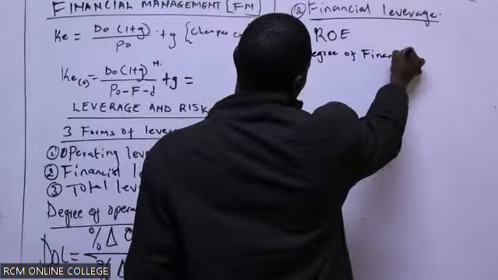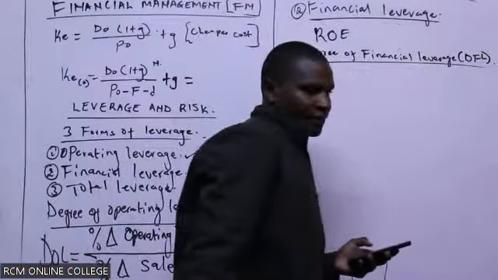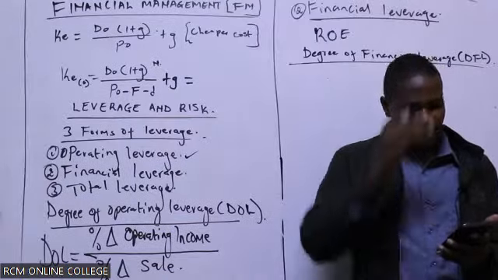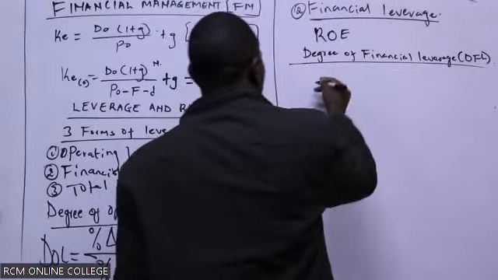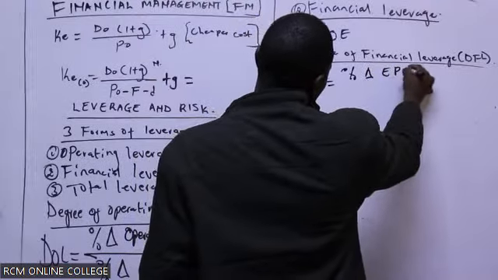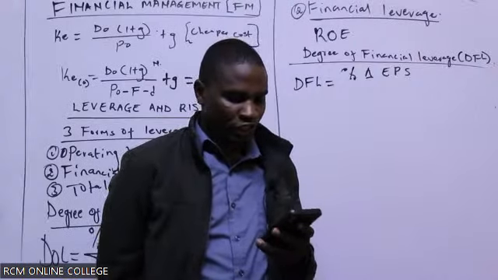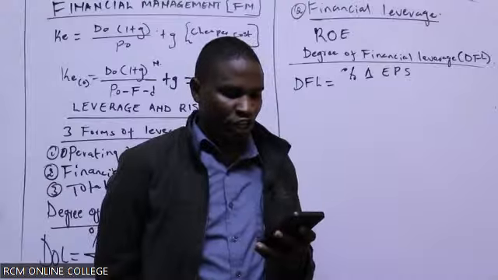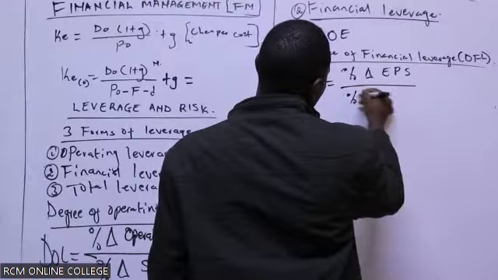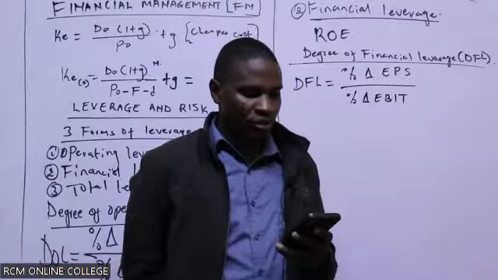You say that the degree of financial leverage is calculated as the percentage change in earning per share divided by the percentage change in earning before interest and tax.